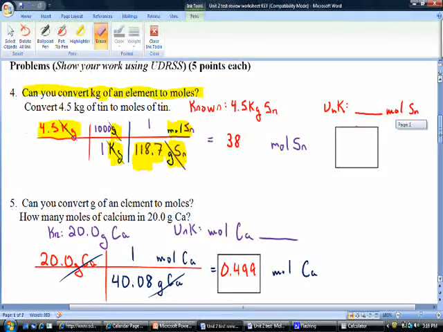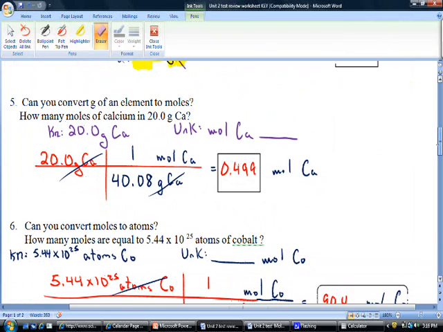Moving on to the next problem, problem number 5. Can you convert grams of an element to moles of that element? In this particular problem, we're dealing with calcium. And so you'll see here that we started with the information we knew, and we put in our relationship so that we want grams to cancel out and our final unit to be in moles.